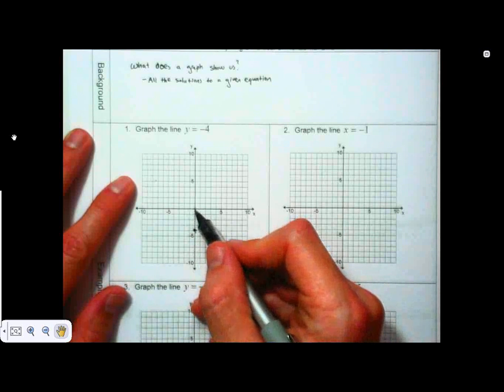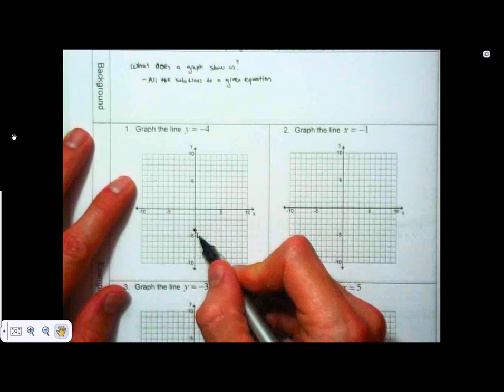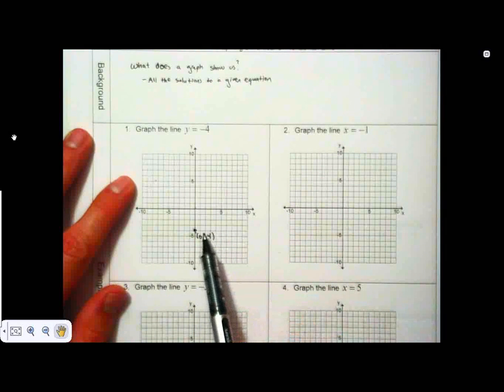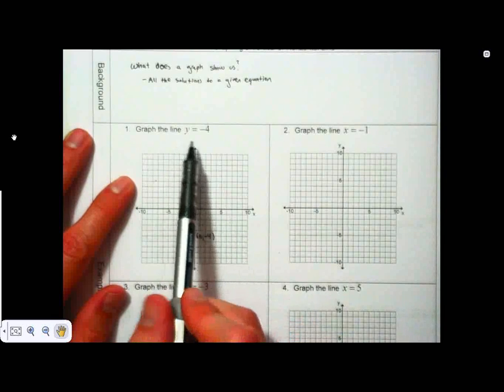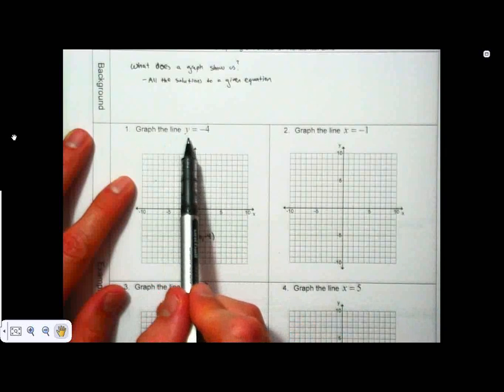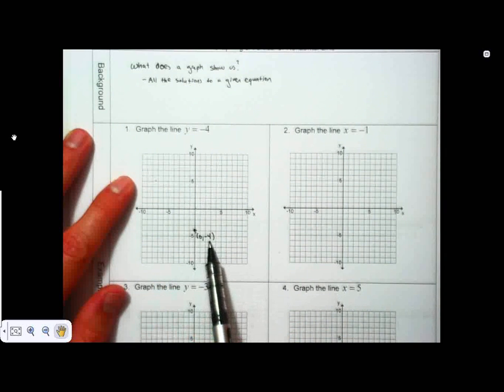Since I just went straight down, its x coordinate is 0. So what I have is the point (0, -4). Now, did the x coordinate matter? Since there are no x's in the equation, the only thing that matters is what the y coordinate is. It really doesn't matter what the x coordinate is.